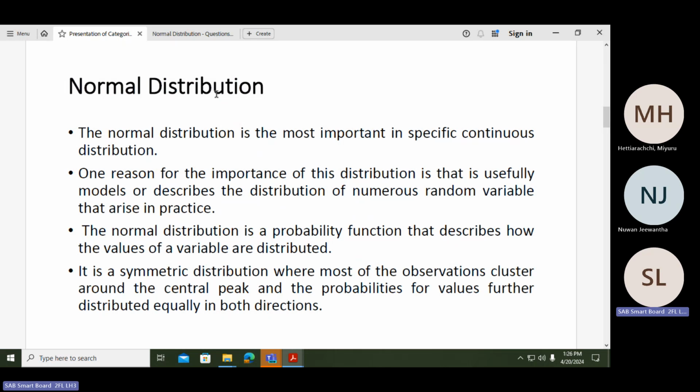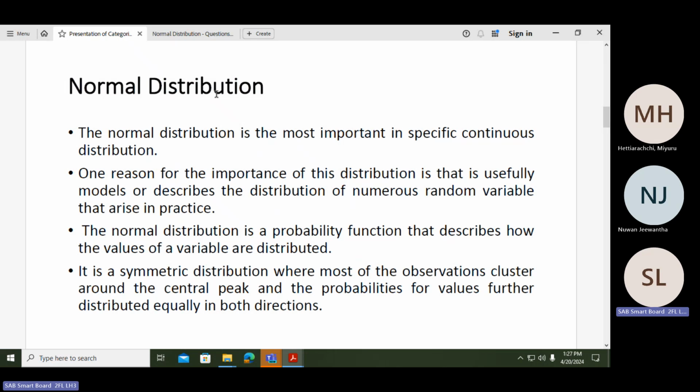The first point says the normal distribution is the most important continuous distribution. One reason for the importance of this distribution is that it usefully models or describes the distribution of numerous random variables that arise in practice. Most random variables follow the normal distribution.